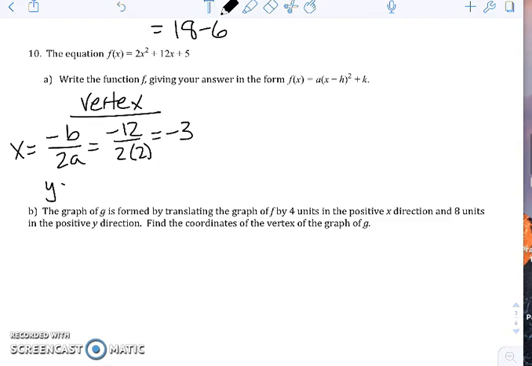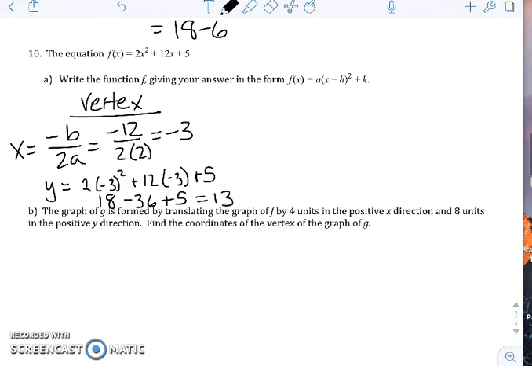So our y value, 2 times negative 3 squared, minus 12 times negative 3 plus 5. So negative 3 squared is 9 times 2, so we have 18 minus 36 plus 5. So 18 minus 36, negative 18 plus 5 is 13.